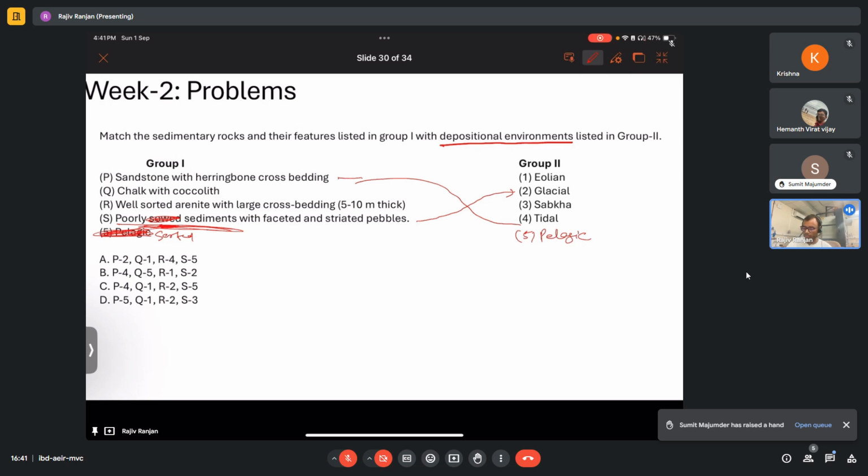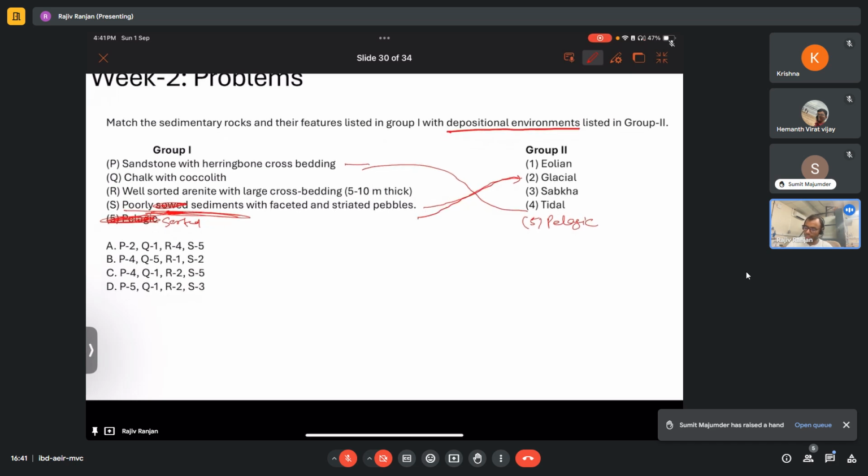It's okay, Sumit. So poorly sorted sediments with faceted striated pebbles deal with glacial features. So P4, S2, option B is correct.